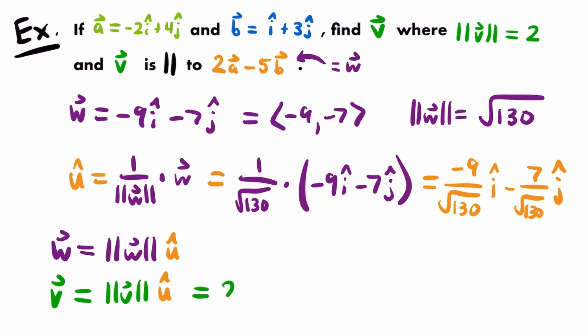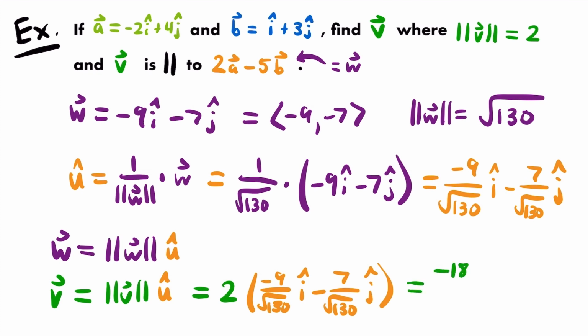Vector v will be equal to 2 times the unit vector that we just found, negative 9 divided by the square root of 130 times i minus 7 divided by the square root of 130 times j. And so if we multiply 2 by both of those terms, we will find that v is equal to negative 18 divided by the square root of 130 times i minus 14 divided by the square root of 130 times j. We just multiplied 2 into the numerator of both of those terms.